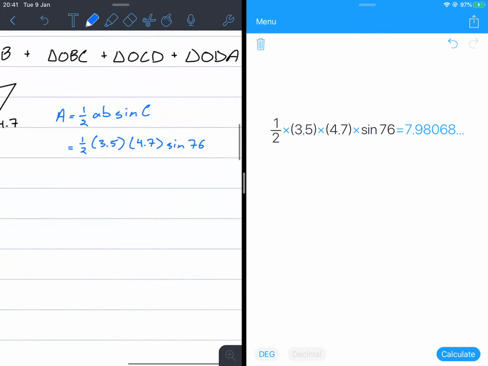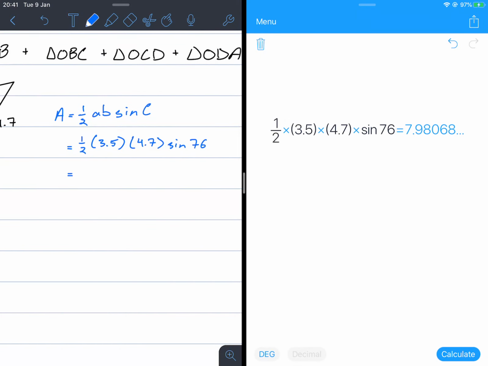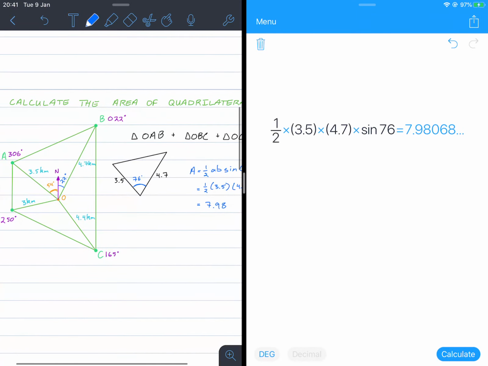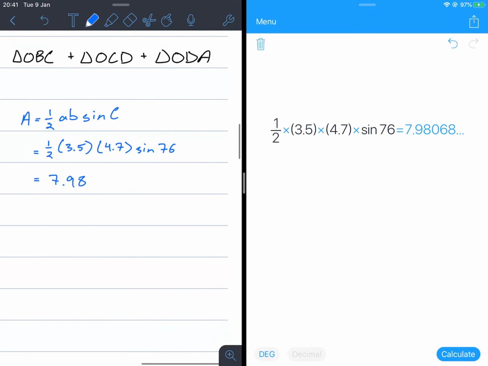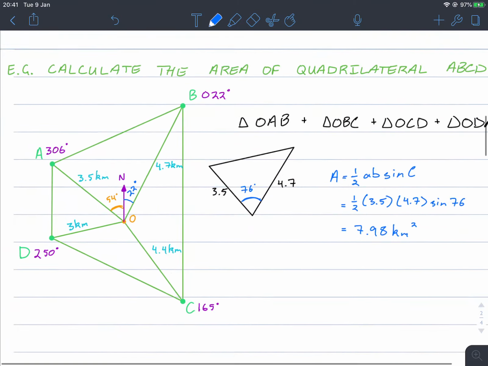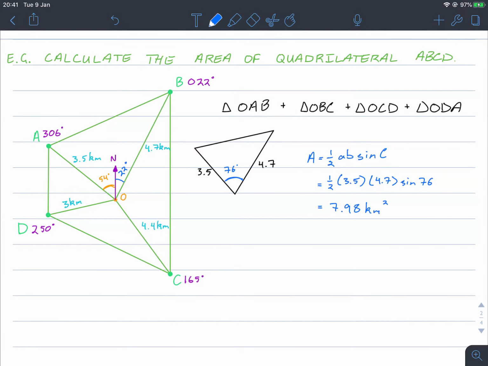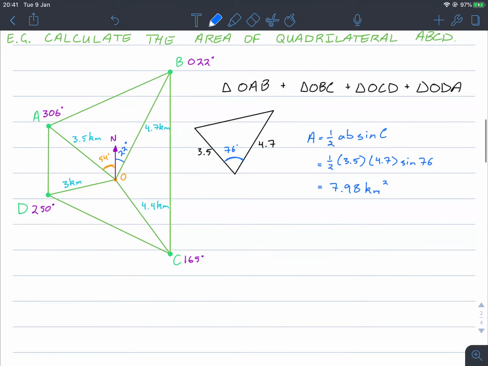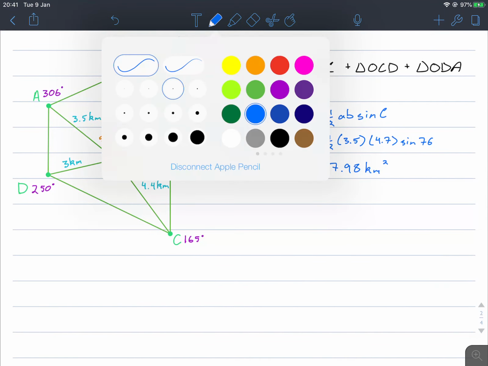That gives me 7.98. The unit of measurement is kilometers, so this is going to be in kilometers squared. That is the result of one triangle. We're done with this one, and we're going to move on like this to find the remaining three.